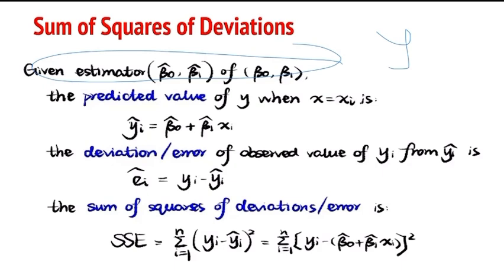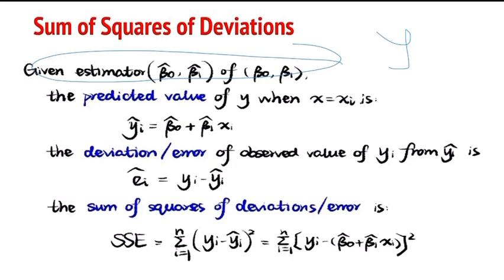The total variation around the response variable y can be broken down into what I'm going to call explained variation and unexplained variation. Explained variation is the variation explained by the model, the variation explained by the independent variable in the model.